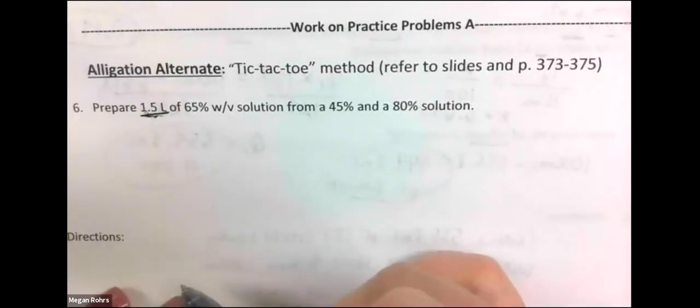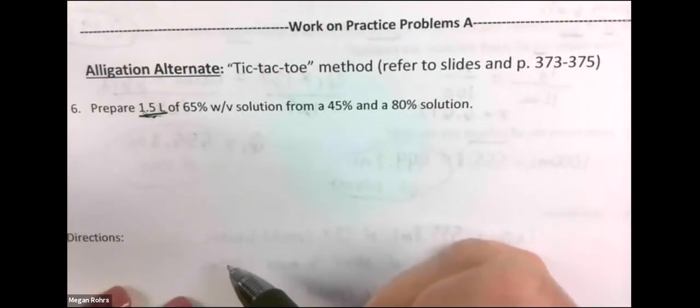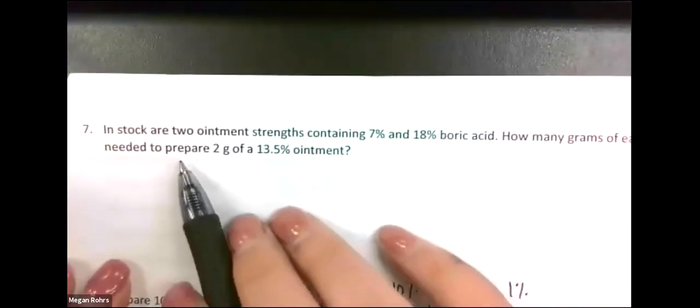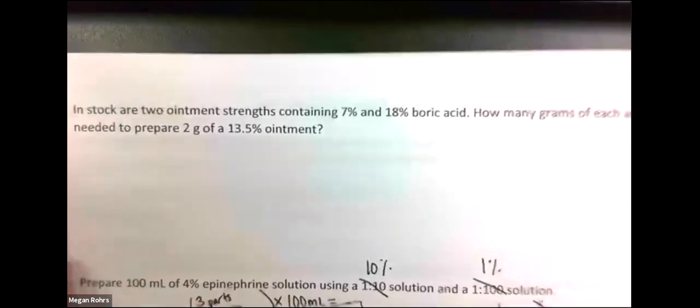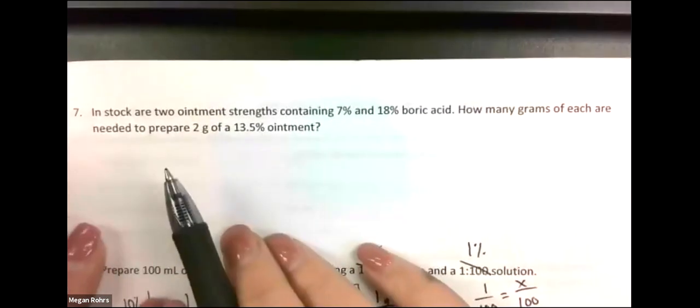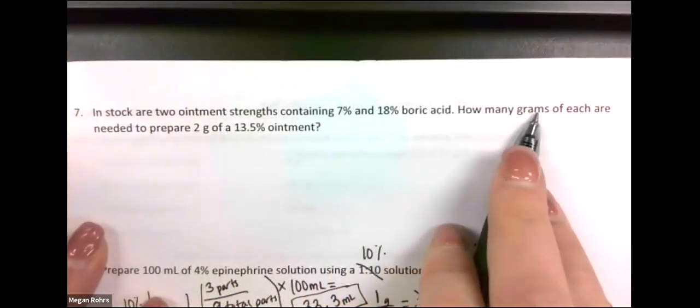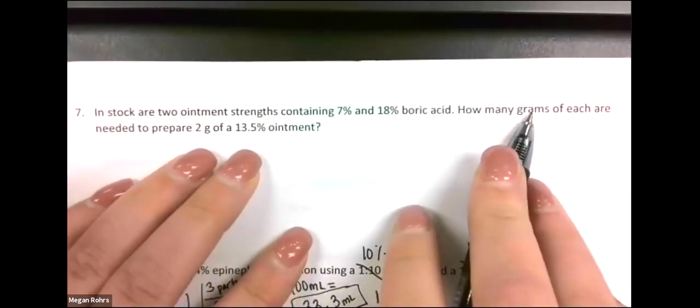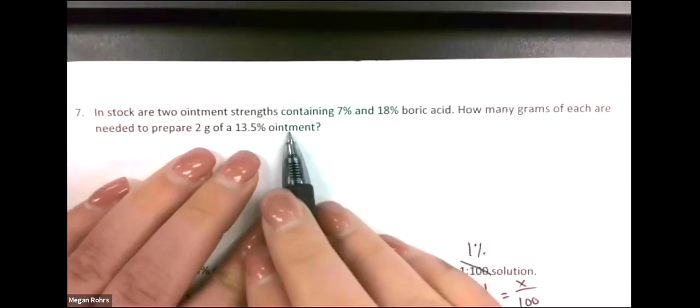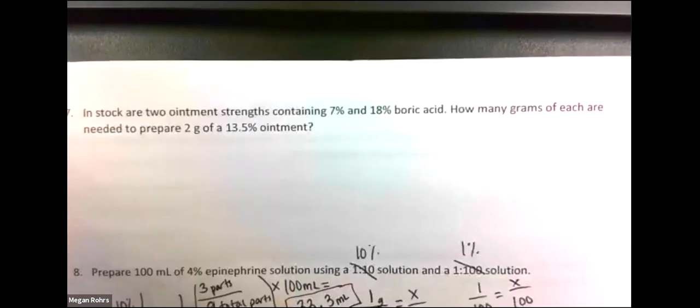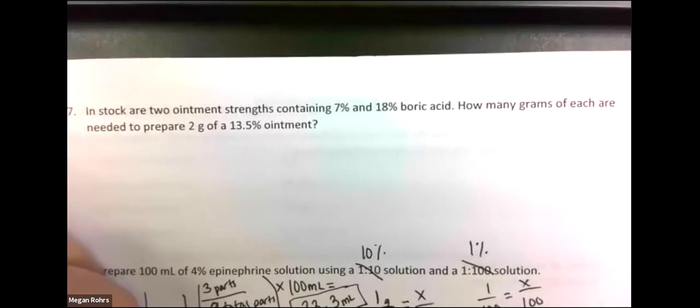Don't forget to write your directions here for that one. And then also on number 7, this one is the same concept once again, except we are working with grams instead of mils because this is an ointment. So same exact concept. You're just going to be solving for the amount of grams of each instead of milliliters.